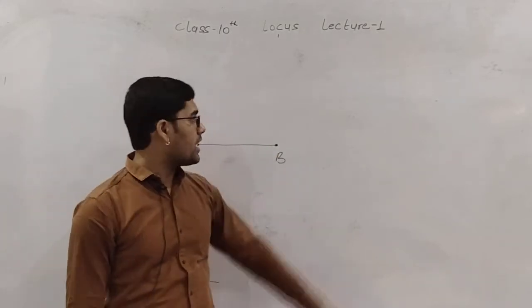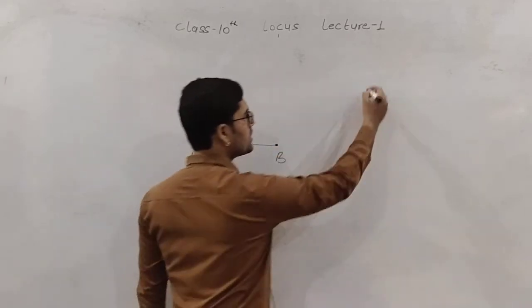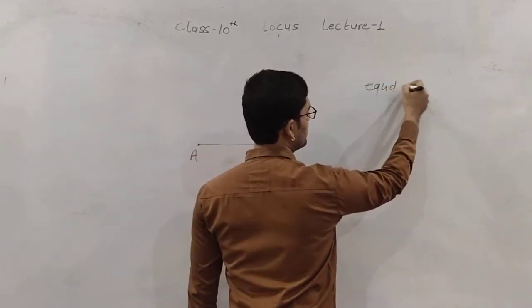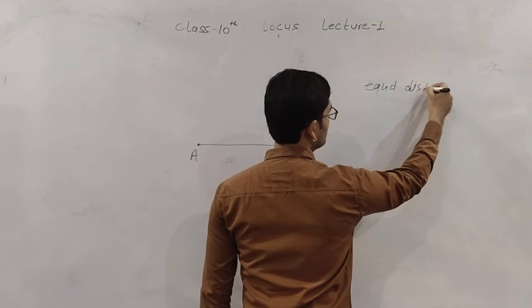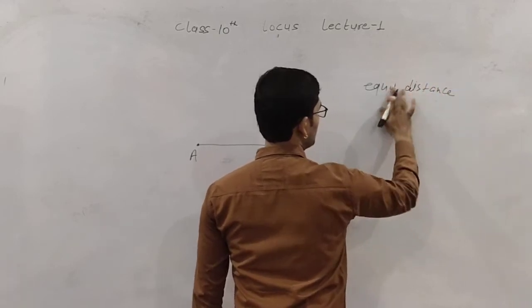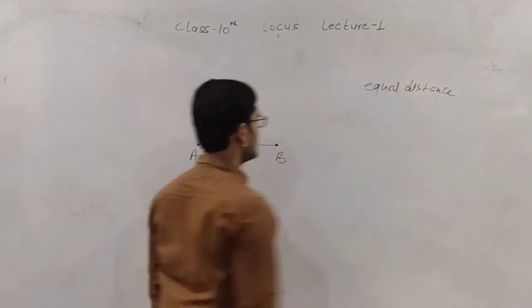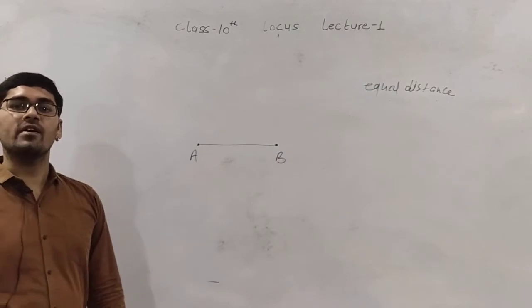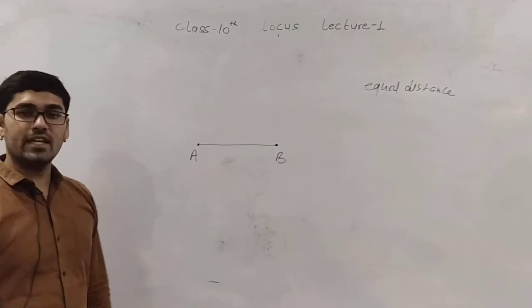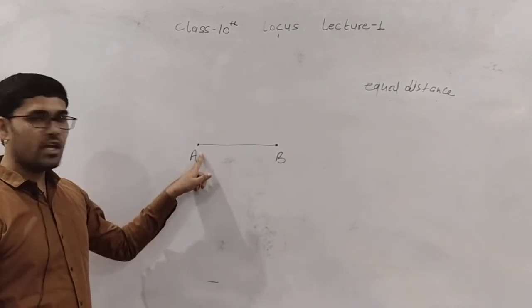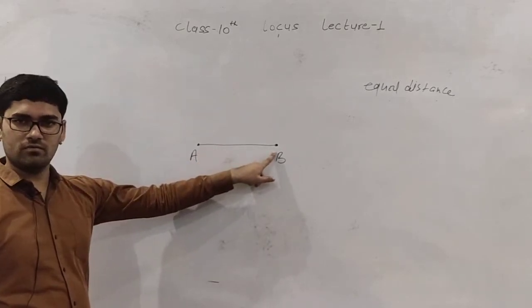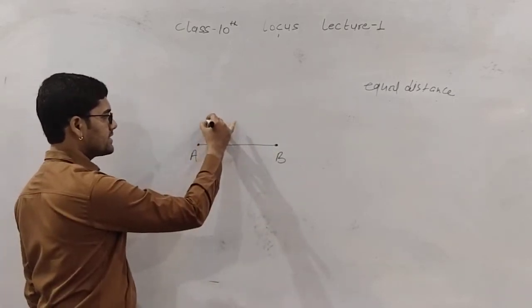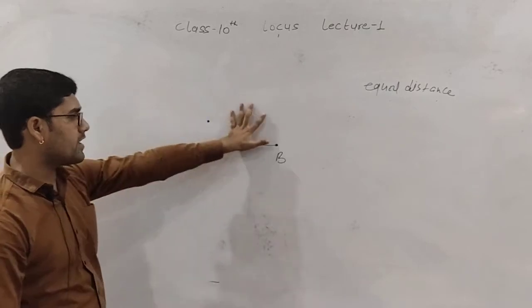So the basic meaning, I said, is that there must be equal distance between the points. So I must have a point which is equidistant from A and from B also. I cannot draw a point like this, which is near to this and farther to this.